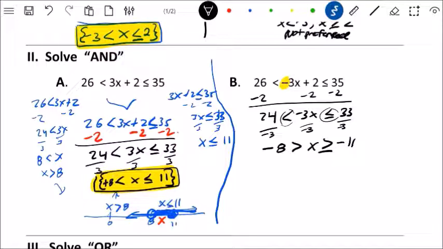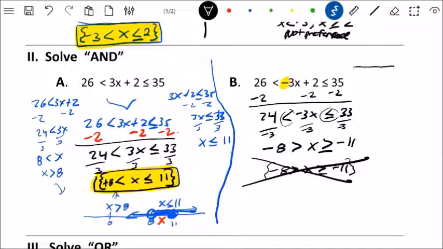Now, I could say that's the answer because there's nothing to add or subtract from there. But if I try to use this as the answer, it's wrong, because negative 11 is not larger than negative 8, which is up on our right side.